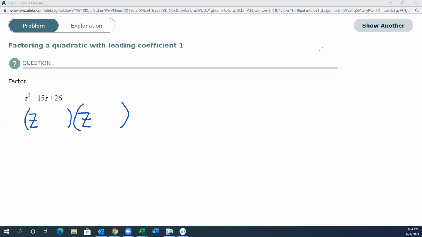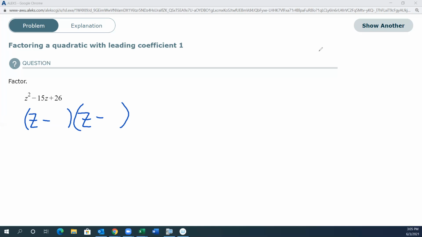Now, the last terms in both binomials need to multiply to this last term, always. So we could do 1 and 26 or 2 and 13. It turns out they need to not only multiply to positive 26, so have the same sign, but they need to add up to the middle number, negative 15. If they're going to multiply to a positive and add up to a negative, the only way that can happen is if they're both negative.